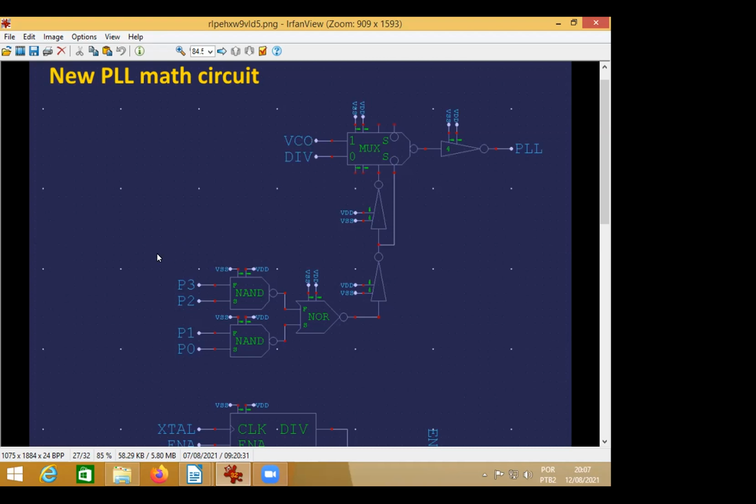So the VCO enters the chain of NANDs, but not NANDs exactly. We need to invert the inputs so they become NORs or ORs. It's the same, because we can inject the VCO through the chain of OR gates or NOR gates, doesn't matter. At the same time, in the other branch of the ORs, we can inject the div signal. And just mute one of them.